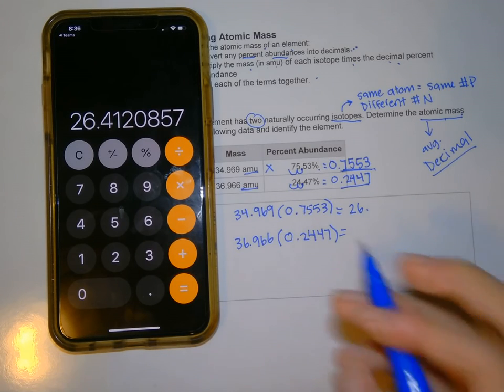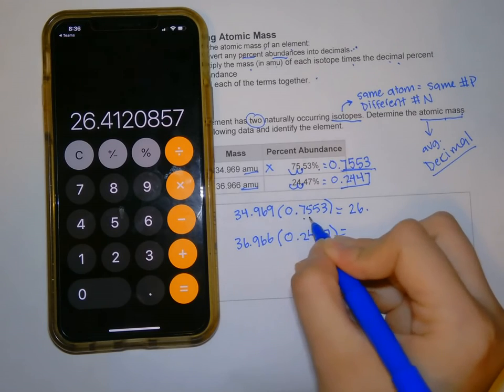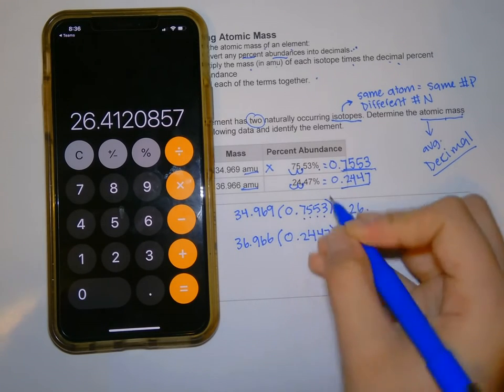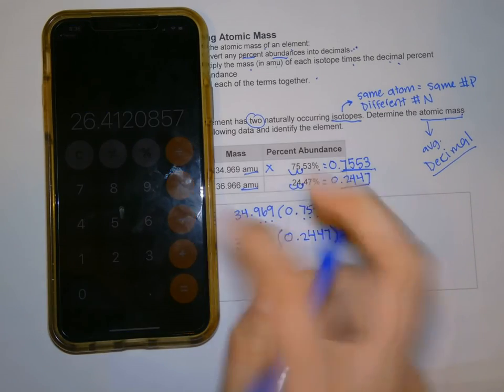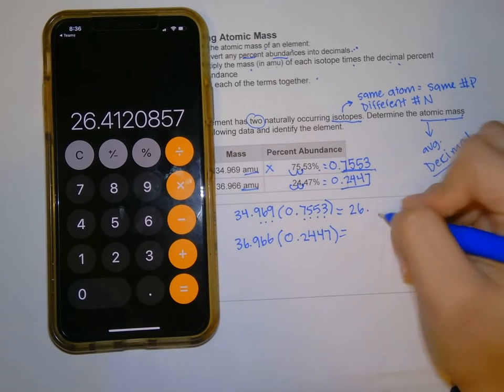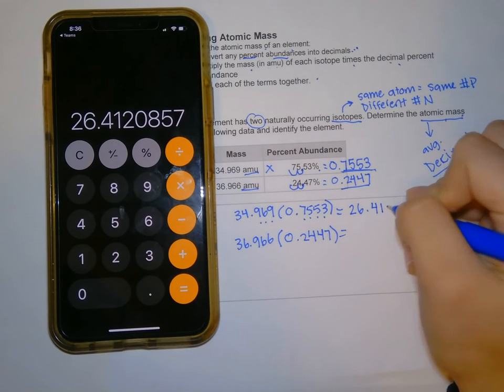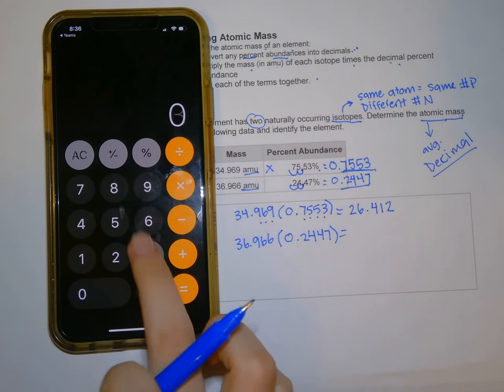I'm going to go with the shortest number of decimal places. So I have 1, 2, 3, 4 decimal places here. I have 1, 2, 3 here. So I'm only going to write 3 decimal places. So 26.412.